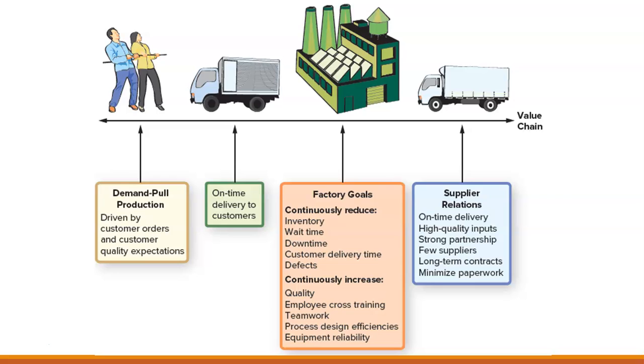We also don't want downtime, wait time, or defects. So we're continuously increasing our quality, our employee training, the teamwork that we do, and our process design efficiency. How is our production even created? And are there ways that we can reduce the time it takes to produce materials?